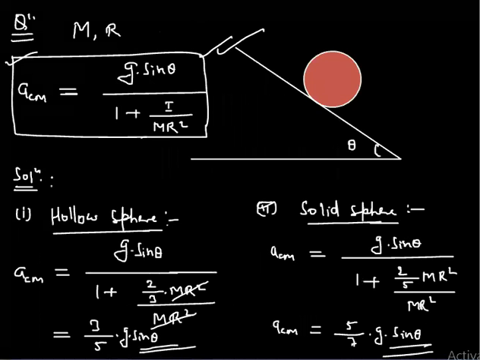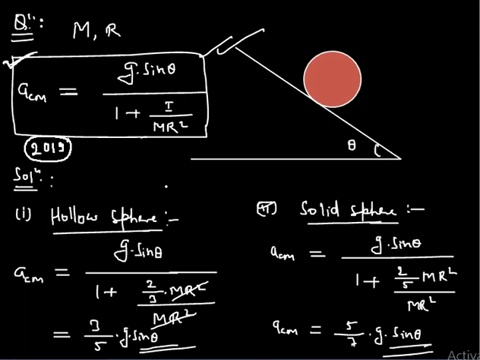Now, see this question. This question I put in my notebook every year when I teach, and this question was asked in IIT JEE 2019, which we have done in the last class.